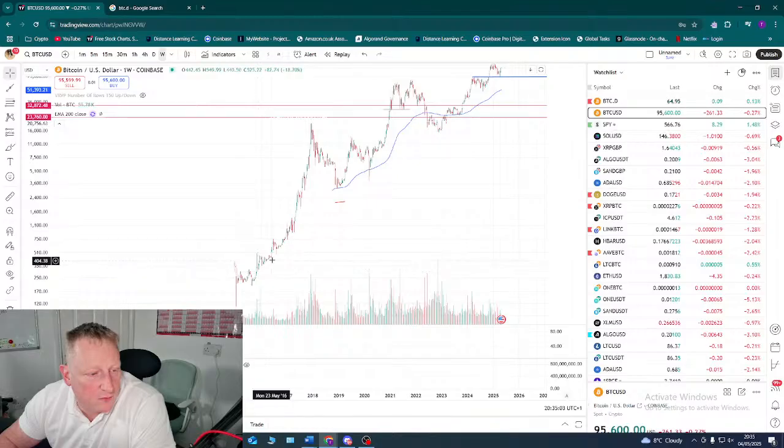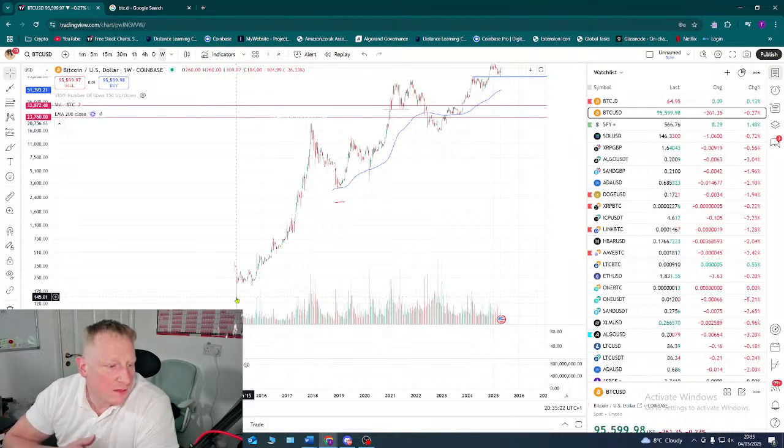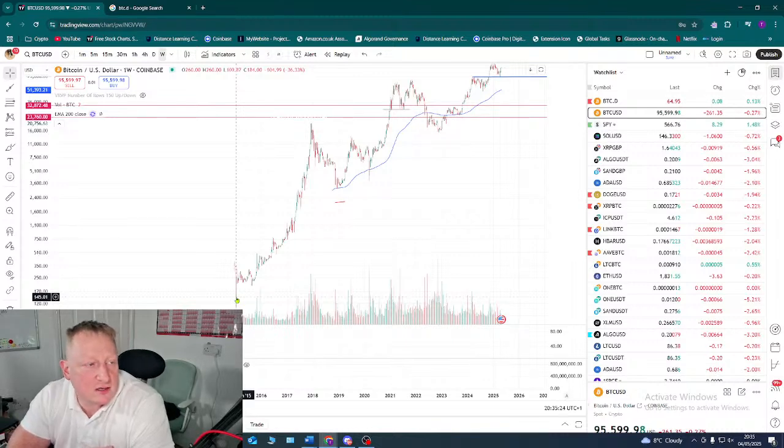As I hover over these candles, that's another thing to bear in mind. If you want to know what the price was, you don't need to put your crosshair on the bottom of the candle. You can just hover over the candle like that, and at the top here I'm looking at the O, the H, the L and the C. That will tell me that in that week it opened at $260, the high was 260, the low was 109, and it closed at $184.